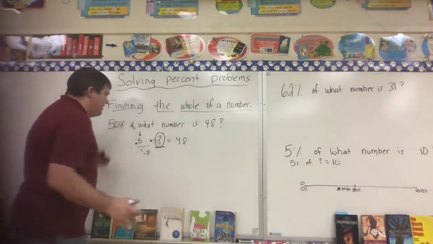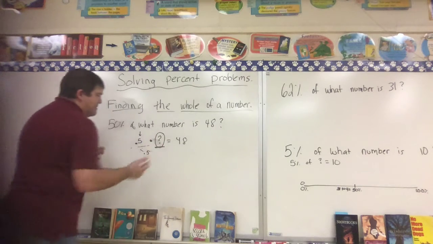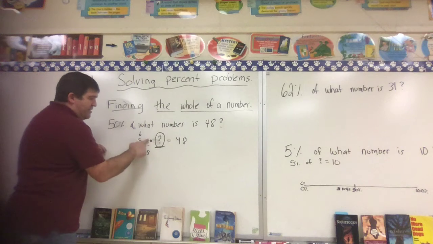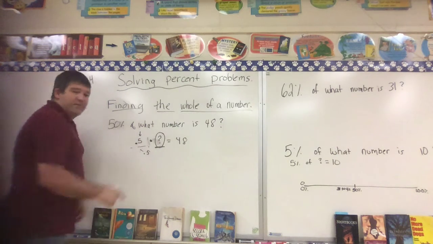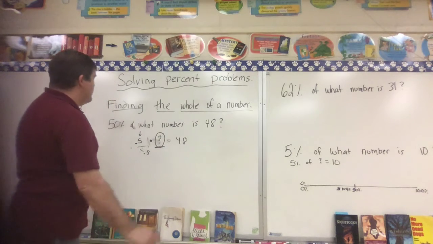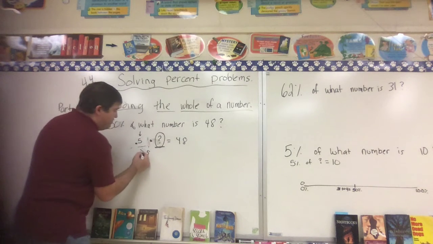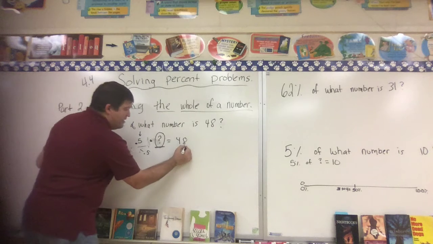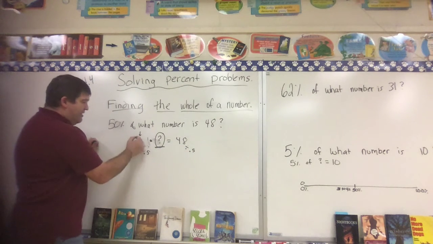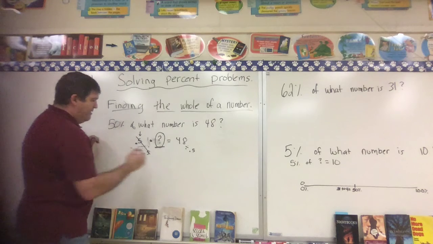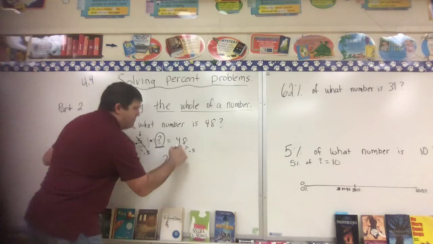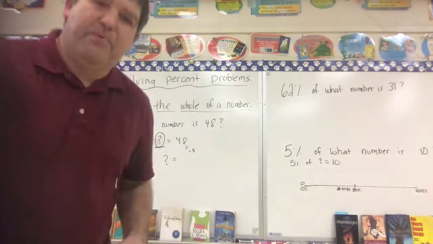And 1 times that is always that, so you don't really need that 1, because it's the same as what it is. 1 times anything is always what it is. So, but if I do divided by 0.5 over here, I got to do divided by 0.5 over here. These things eliminate. So I have my question mark equals 48 divided by 0.5.